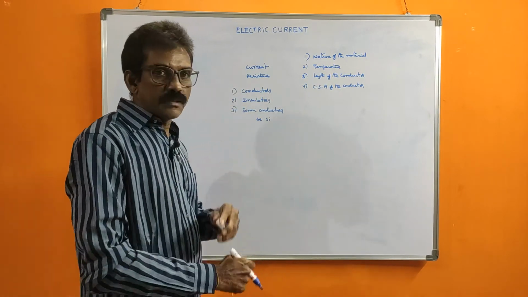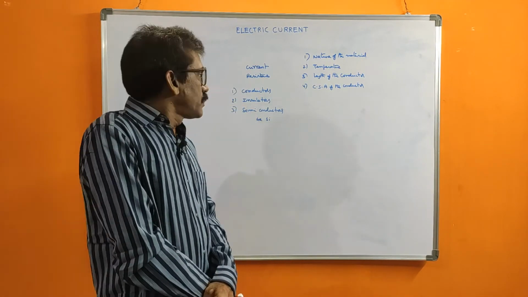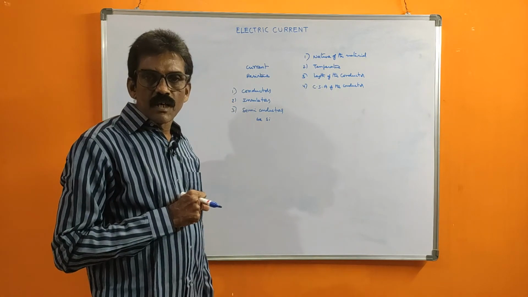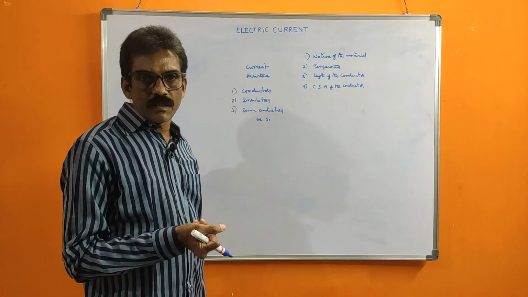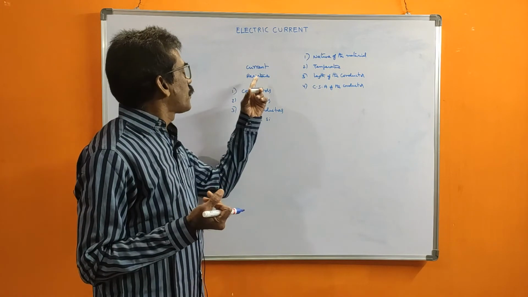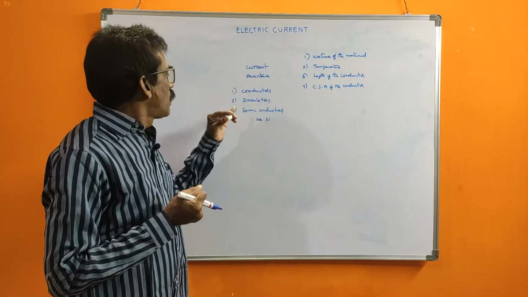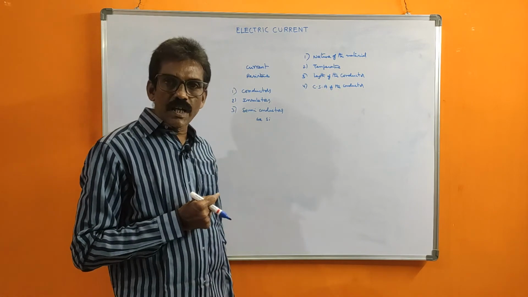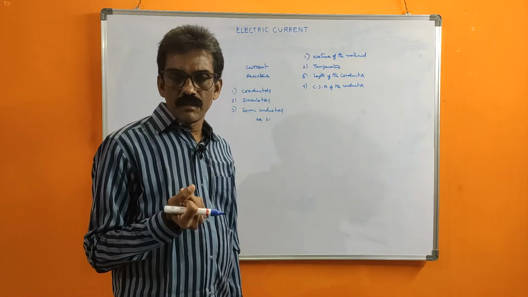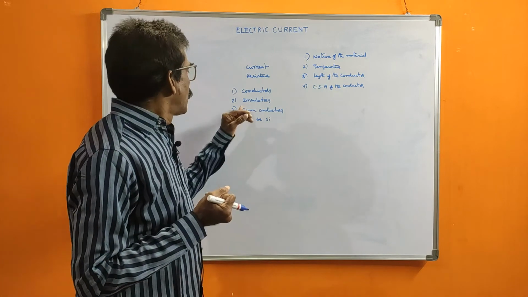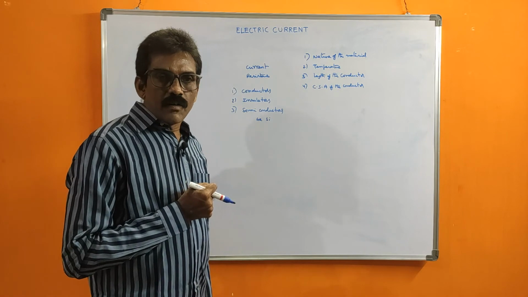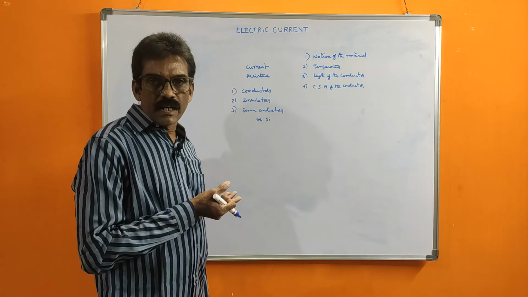What are conductors? Conductors are the materials which have very low resistance. Low resistance means current will pass. That's why they are conductors. Now, insulators are the materials which have a very large value of resistance. Very large resistance means current will not flow.